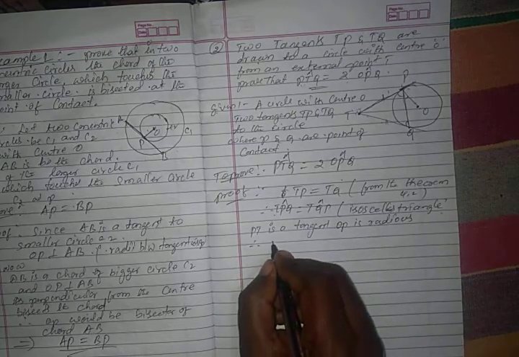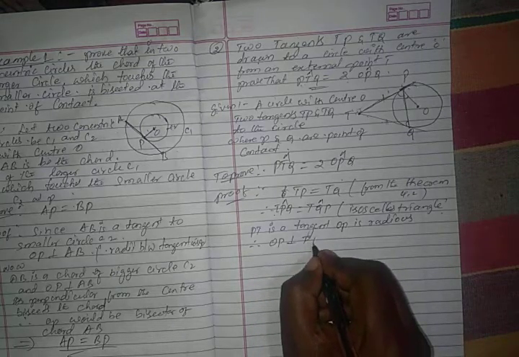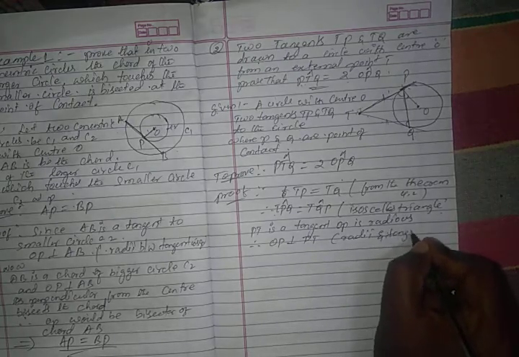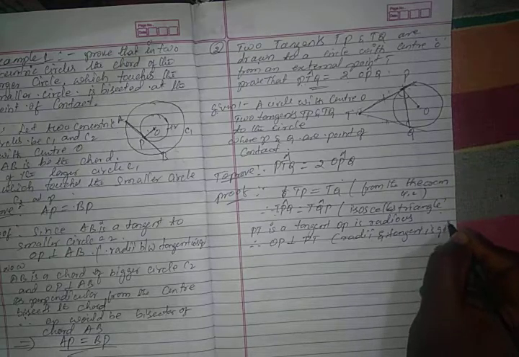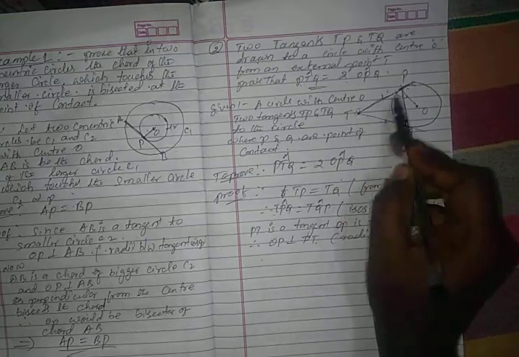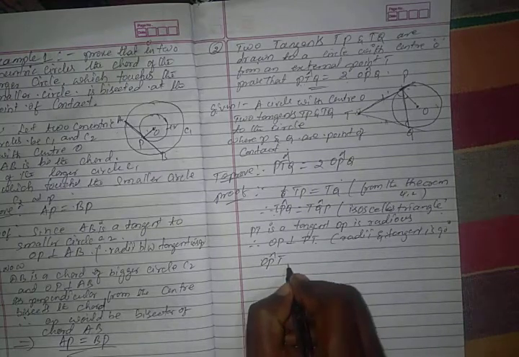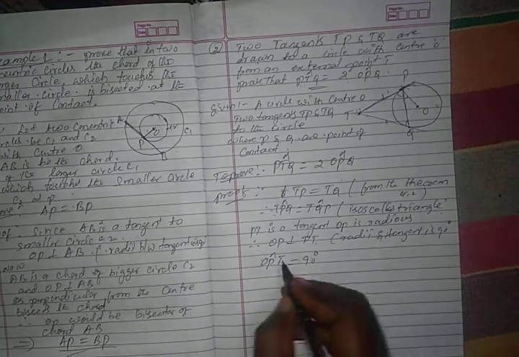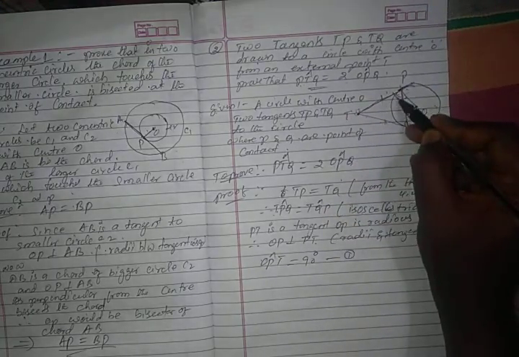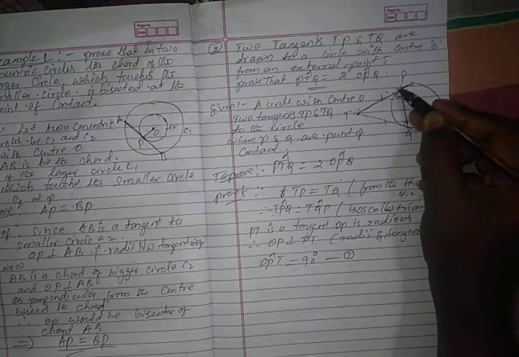Therefore OP is perpendicular to TP, because the angle between the radius and the tangent is 90 degrees. So angle OPT is equal to 90 degrees. Very important, this is equation number 1. So PQ bisects the angle OPT.